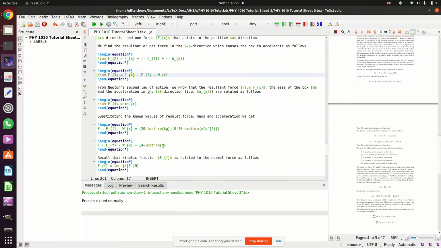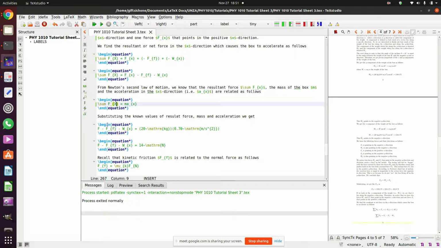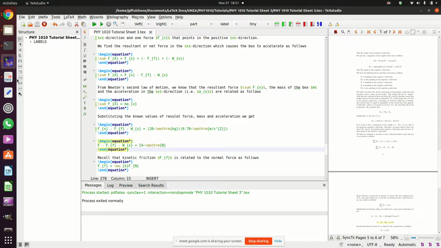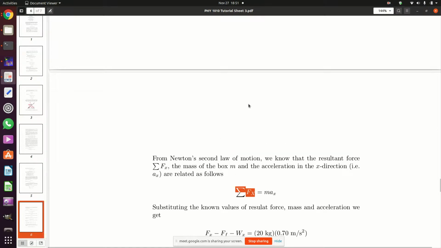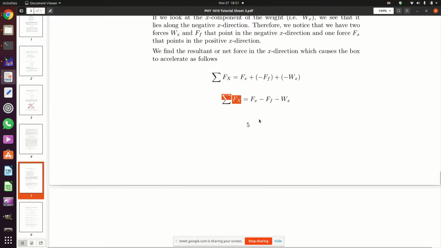In our case, because of the notation, we have to write capital X here, then the acceleration in the X. The resultant force in the x direction, which is what you have here, equals Fx minus the friction force, then that.